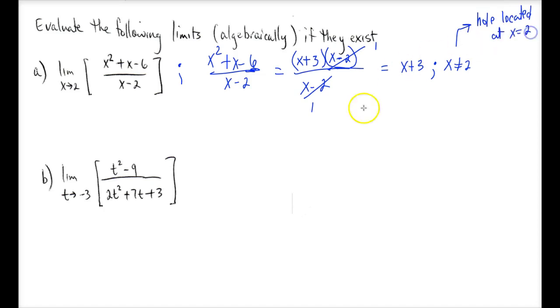And so this kind of knowledge actually comes from pre-calculus or college algebra, depending upon what course or courses you took. So in essence, now that we've taken our rational function and simplified it, what we're actually saying is that this particular function is acting just like this one, but with a hole at x equals 2.